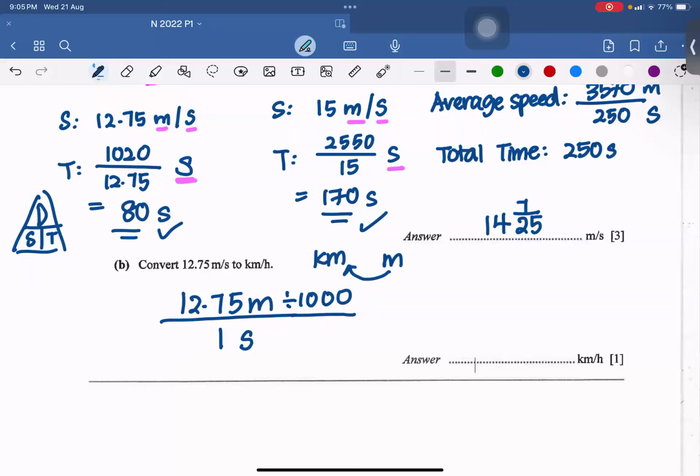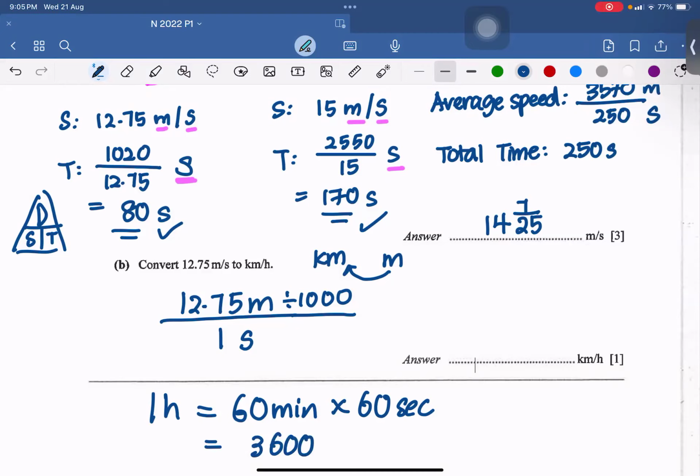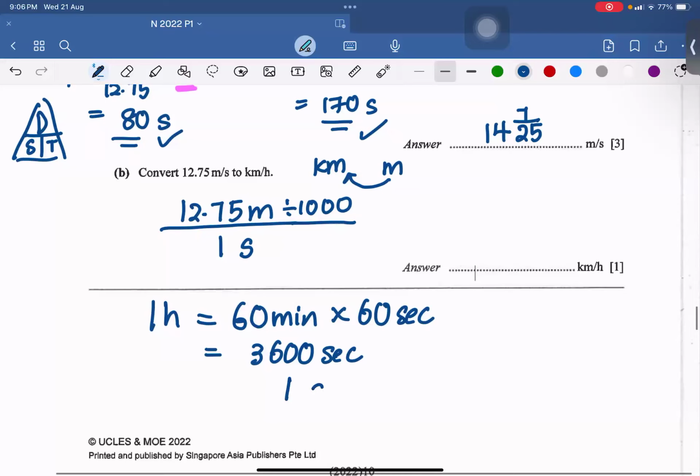Then second, 1 hour has 60 minutes and 60 seconds. Total 1 hour is 3600 seconds. So now I want to find 1 second. Multiply or divide by 3600?